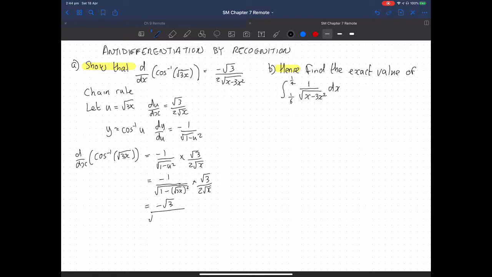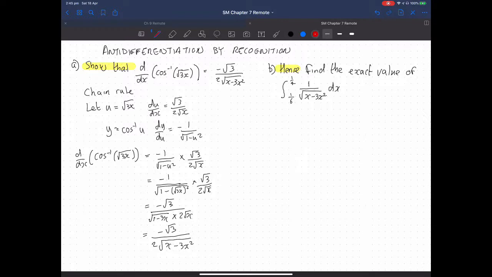Our bottom line, 1 minus the square root of 3x, all squared. That will cancel each other out, leaving us with 1 minus 3x times 2 root x. That gives us negative root 3, all divided by 2, inside our square root sign, 1 minus 3x times x, which is x minus 3x squared.